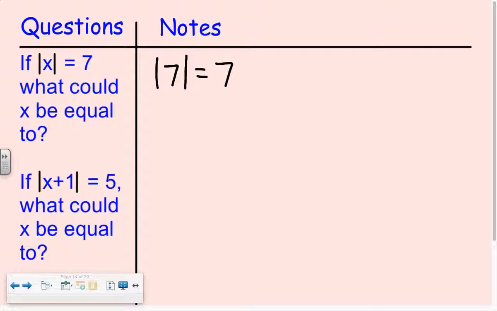What other number has an absolute value of 7? Well, that's negative 7, because remember, distance can't be negative. So negative 7 is also 7 units away from 0. So 7 and negative 7 are my two x values that equal 7.